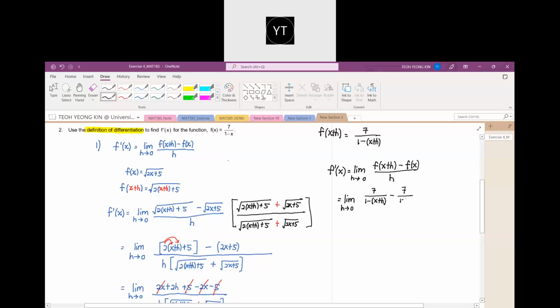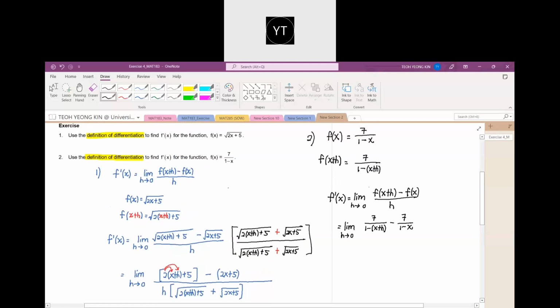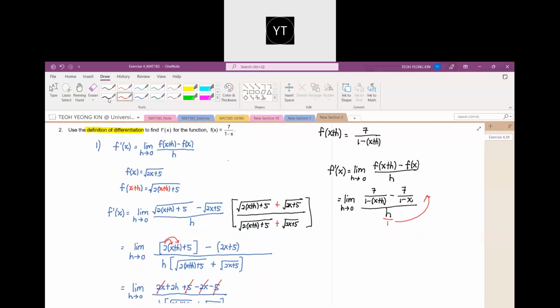This is the f of x. This is f of x plus h. Over h. To reduce confusion, I move this up first. So I will have limit when h approaches 0. First part is 7 over 1 minus x plus h in the bracket, minus 7 over 1 minus x, multiplied by 1 over h.